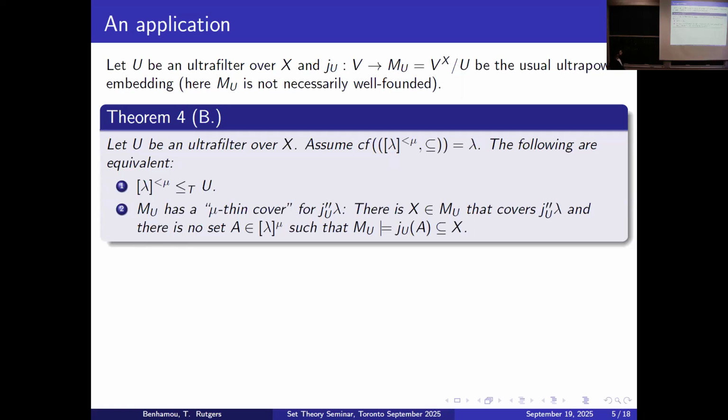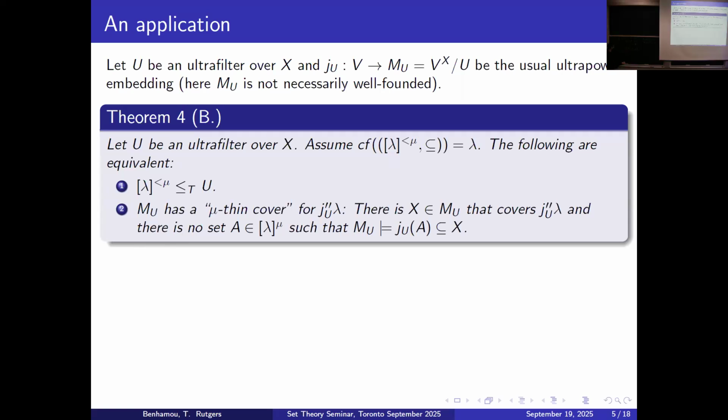And for me, this is an ultrapower characterization for being 2k above lambda to the less than mu. Covering the pointwise image of lambda is something that comes up a lot when studying fine ultrafilters, for example. So can you say something more about the motivation? We're talking about ill-founded ultrapowers, so why would you care? I care about sigma complete ultrafilters.